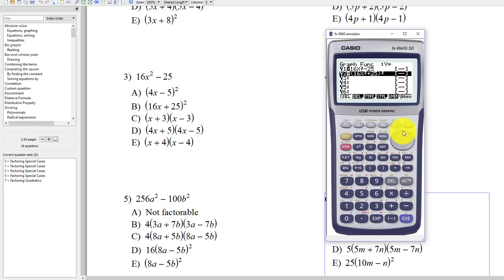So when you type in your D, let's say 4x plus 5, then 4x minus 5. Now when you graph this, let me change the style, there you go. So look, they match. So you know that's the correct answer. Okay.